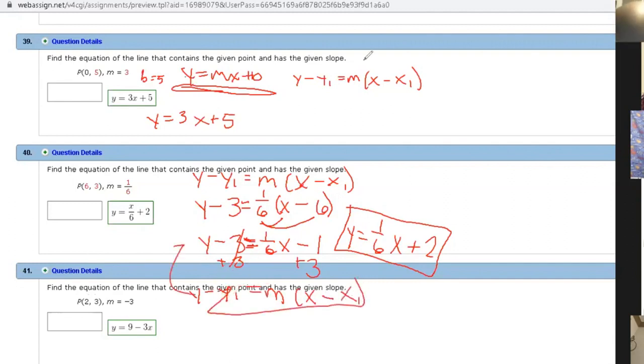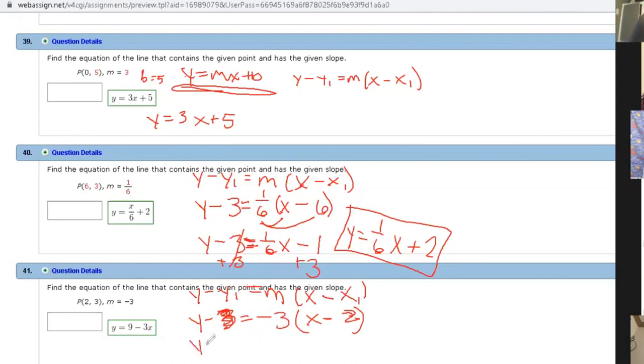We're just going to plug in the m and that point. So the point is 2 and 3. So we got y minus 3 equals m times x minus 2. And the m is negative 3.